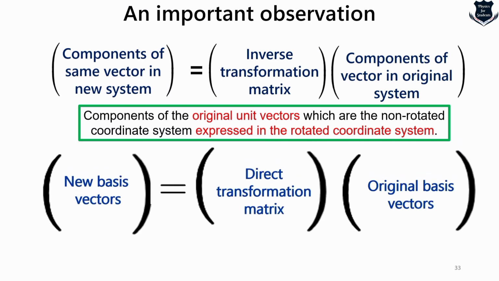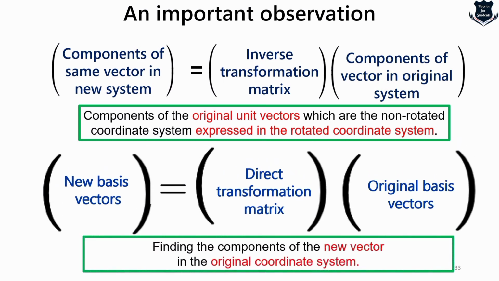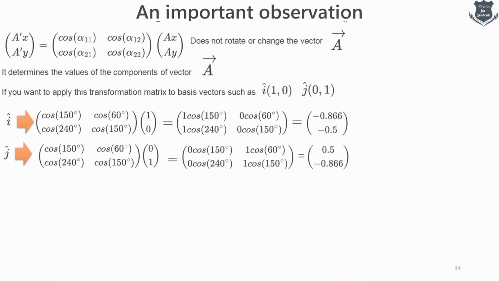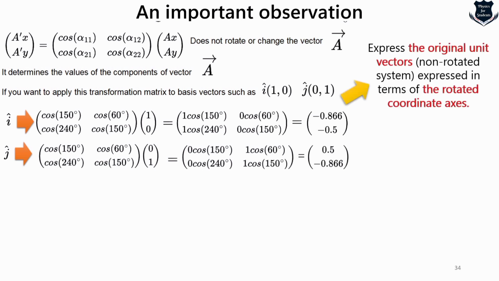But when I do this one, what I'm telling is this: we are trying to find the components of the new vector in the original coordinate system. Mathematically, we can represent it as this. If you go to my second video, you will see that I have done this calculation, and essentially what it tells is that it expresses the original vector A, which is actually in the non-rotated system, in the rotated coordinate axes.